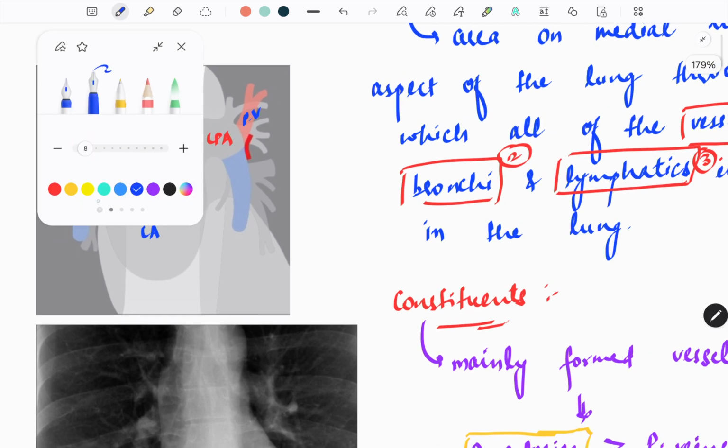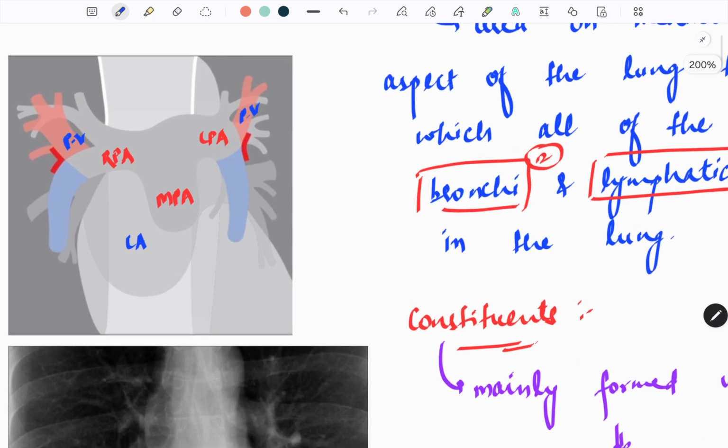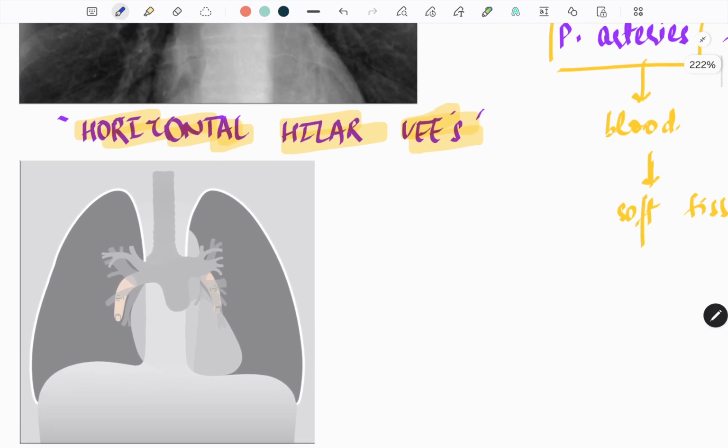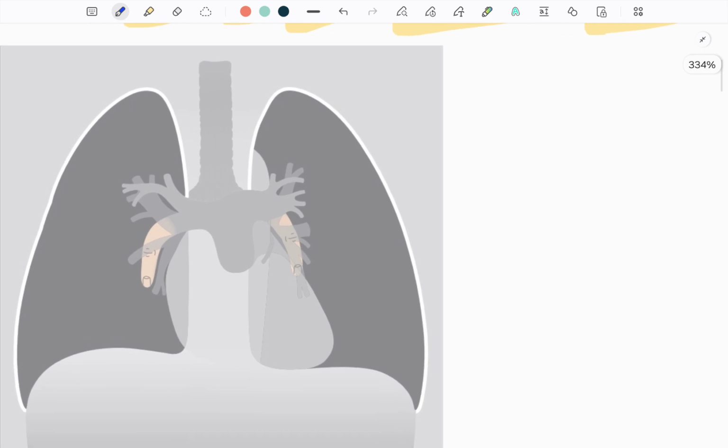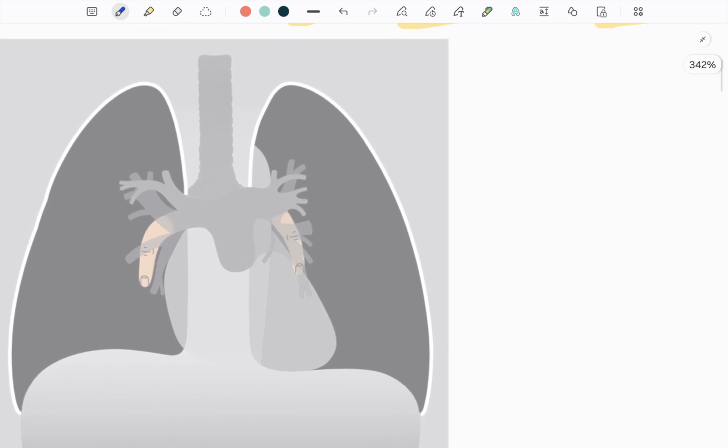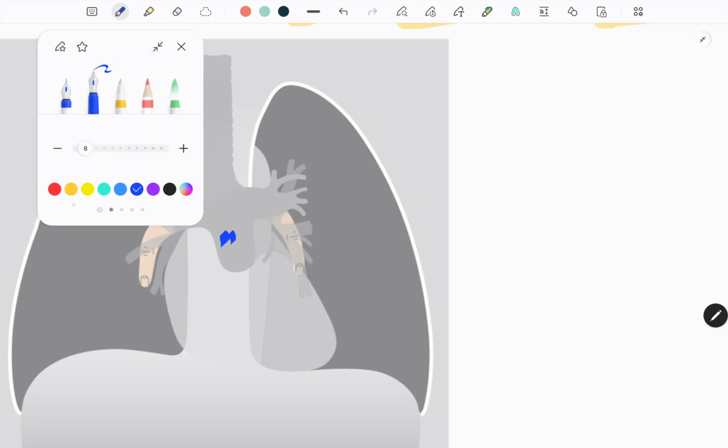So what we'll do is, first of all, we'll come to this schematic of a hilum. This is the main pulmonary artery. Just give me 1 minute.